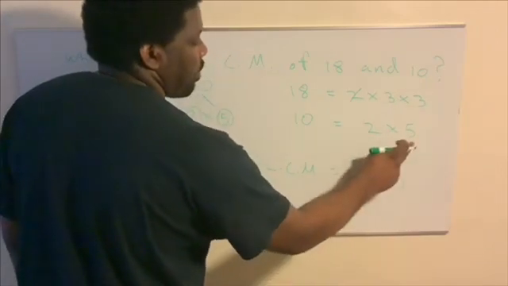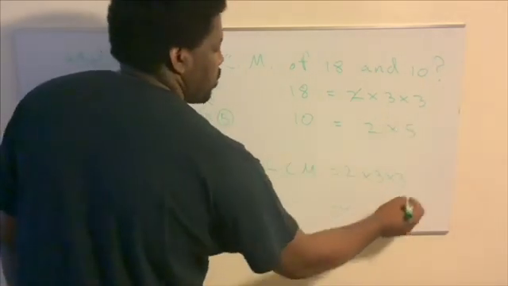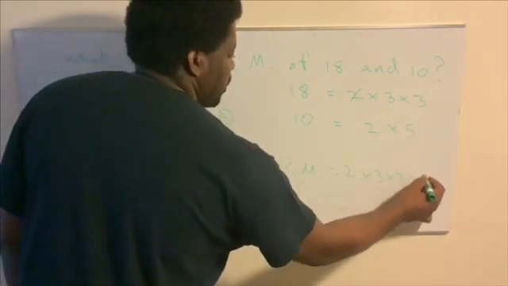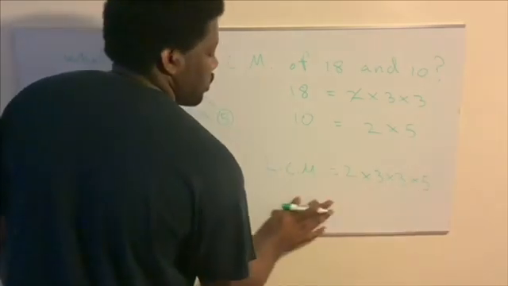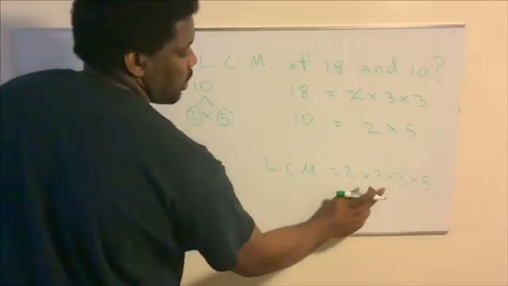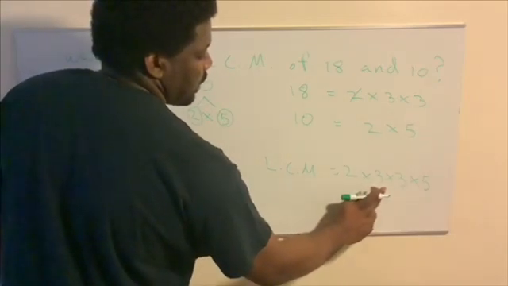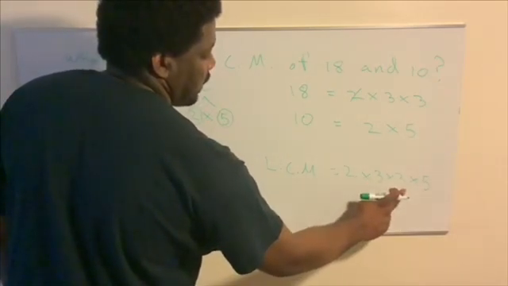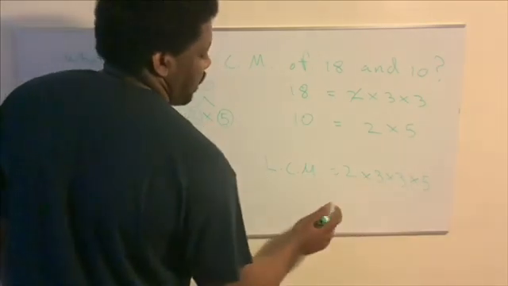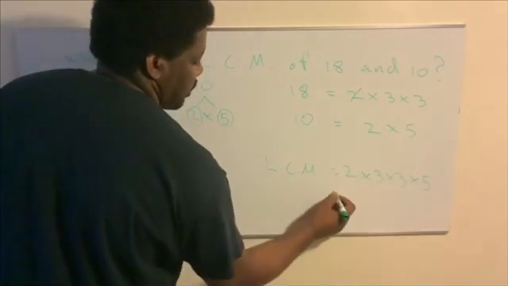I have one 5 here and I don't have any here, so I'm going to go with one 5. 2 times 3 is 6, 6 times 3 is 18, and 18 times 5 is 90.